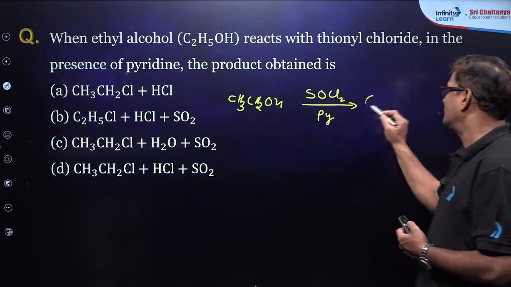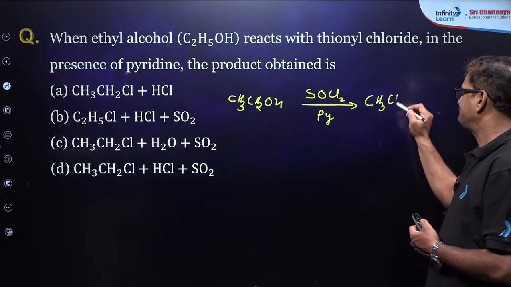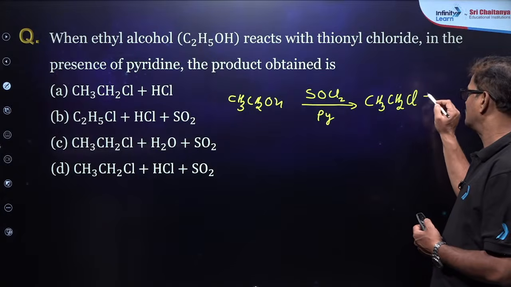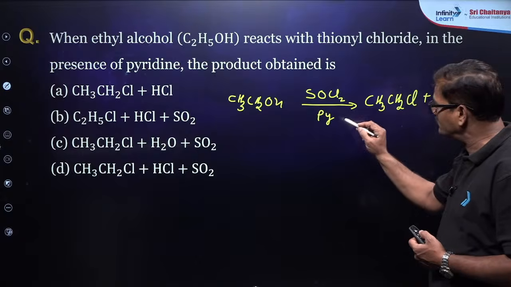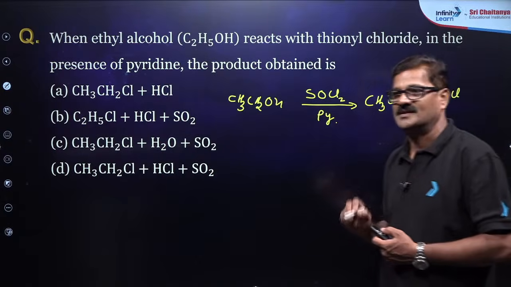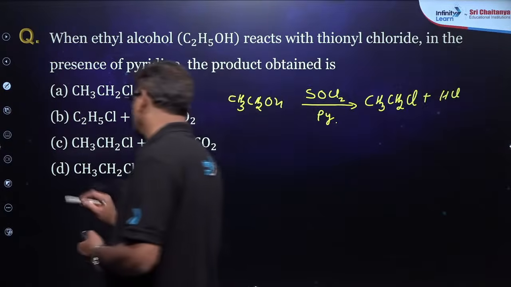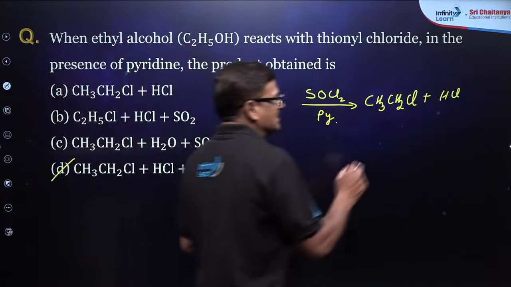You are going to get ethyl chloride, CH3CH2Cl, plus HCl. The HCl is going to be absorbed by the pyridine, which is a base. So the option is going to be D, and sulfur dioxide.